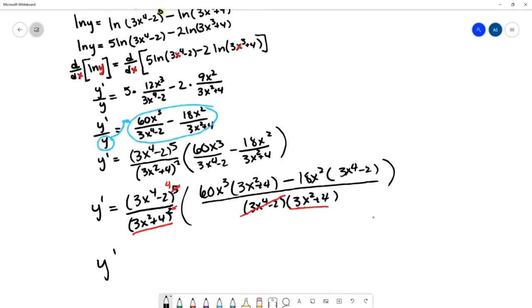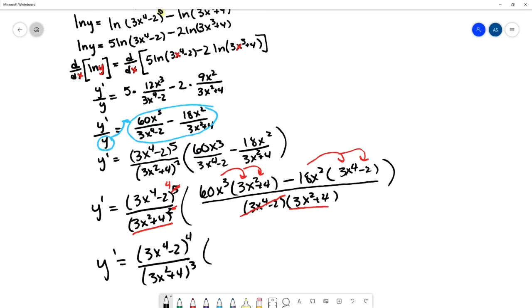So this is the derivative, it's (3x to the fourth minus 2) to the fourth over (3x cubed plus 4) cubed, and I just need to clean up the inside with the distributive property and combining like terms.